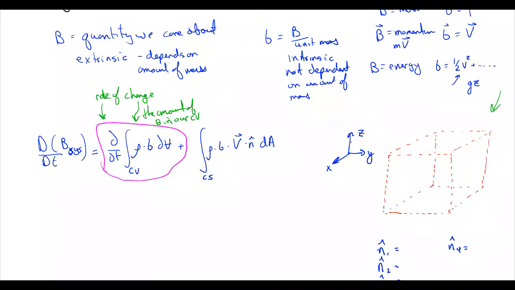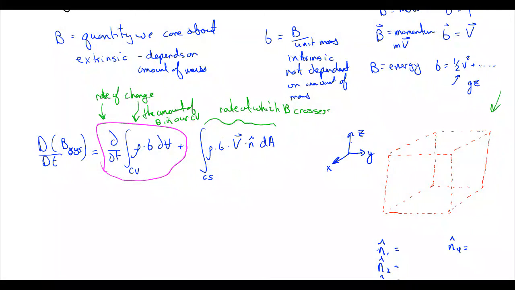So the total derivative of capital B, ddt, is equal to the rate of change of the amount of B within our CV, and this is the rate at which B crosses our CV boundary. And this makes total sense actually if you just take a step back.